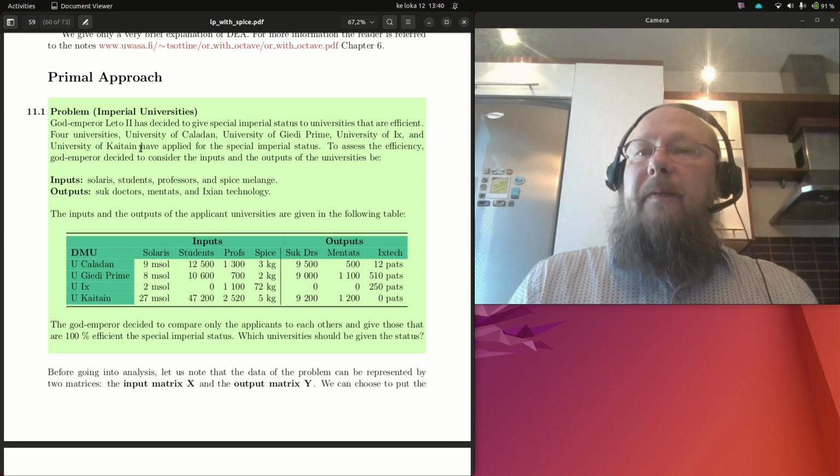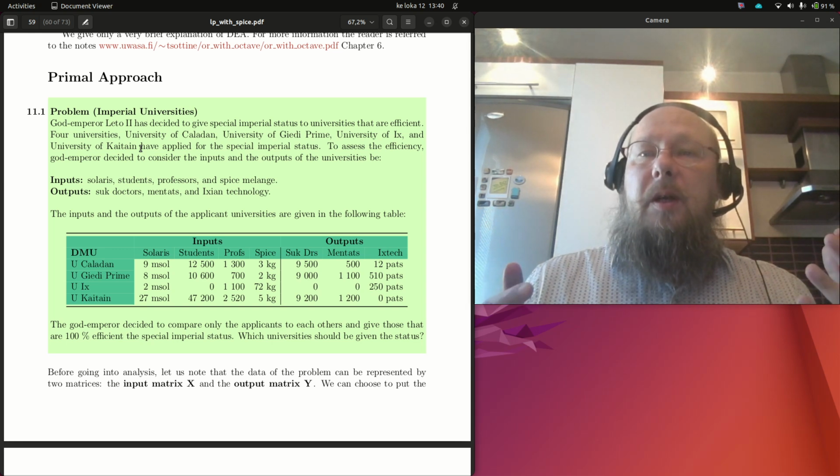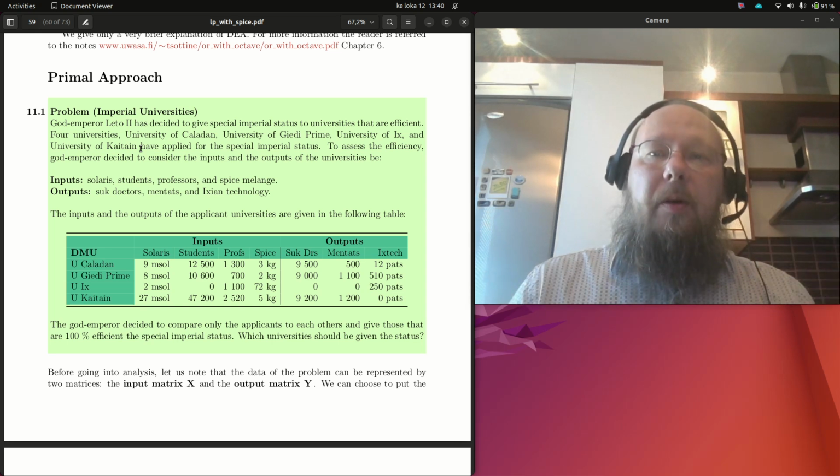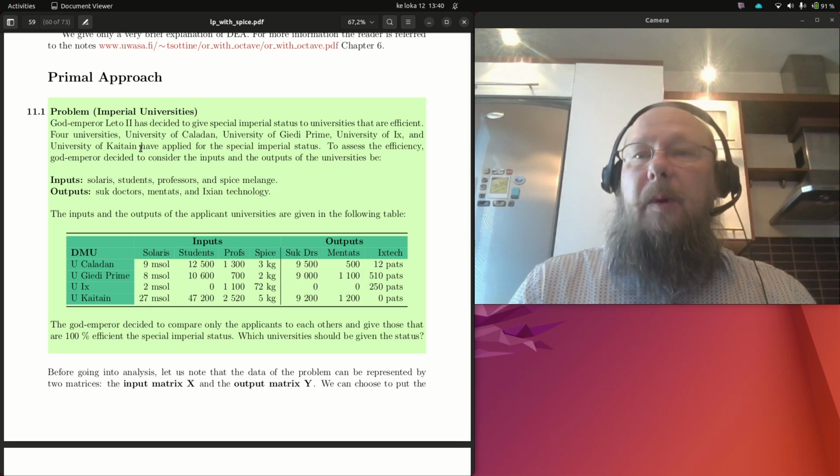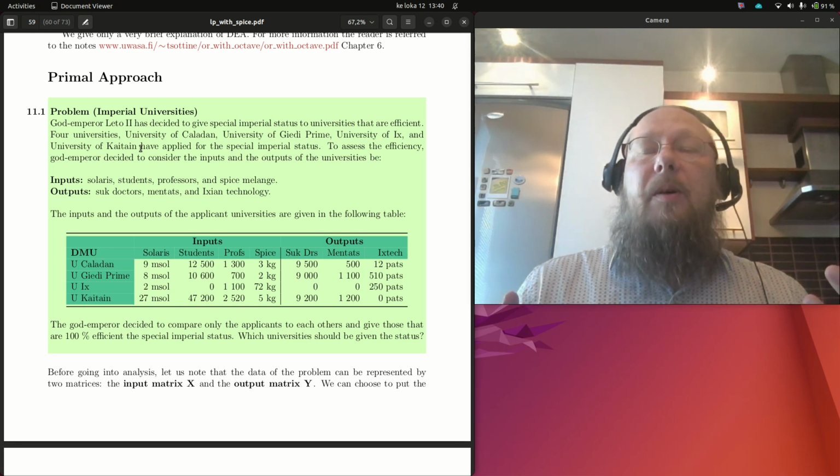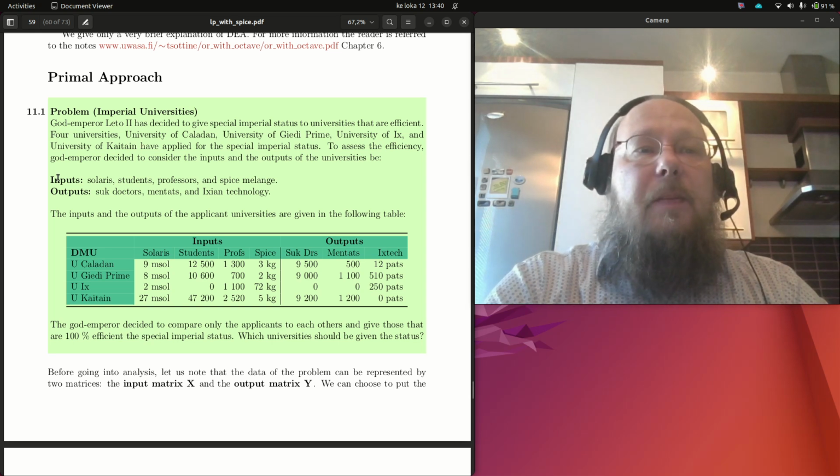To assess the efficiency, the imperial bureaucracy will consider certain inputs and certain outputs of these universities, and according to those, if the data supports it, we calculate the efficiencies of these universities.